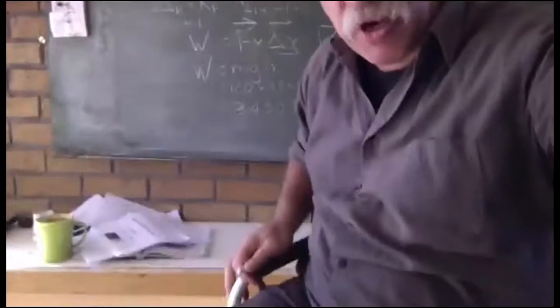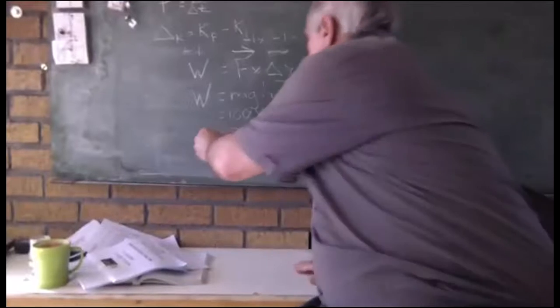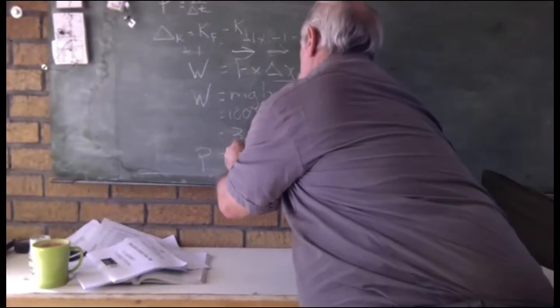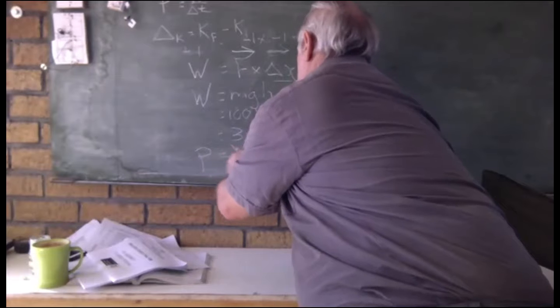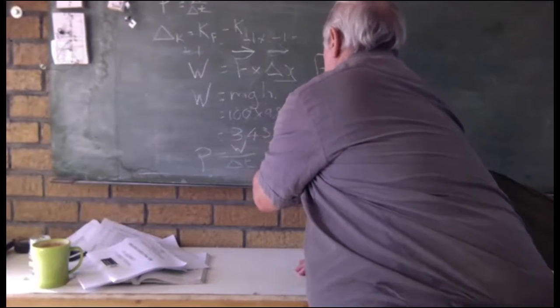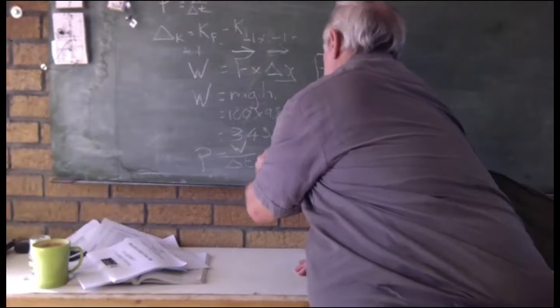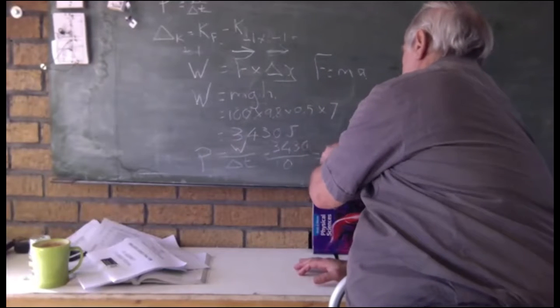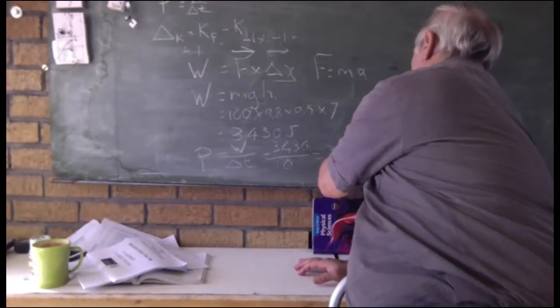So let's go to my blackboard. Power equals work divided by time. And how much work did I do? I did 3,430 joules in 10 seconds. So my power is 343 watts.